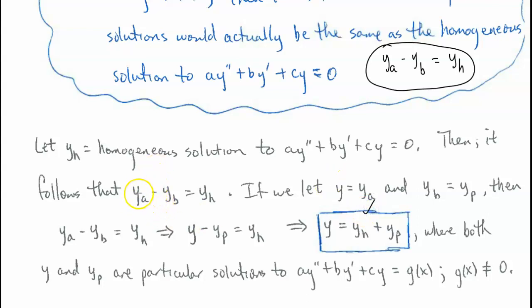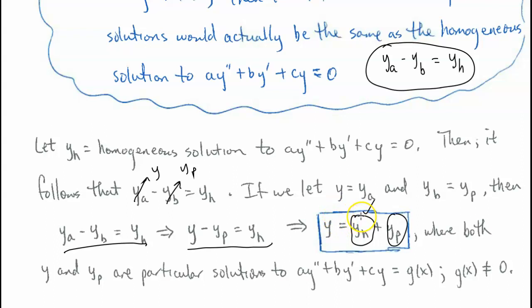If we let y sub a just be y, and y sub b be y sub p instead, p as in Paul, then if we relabel everything, we have y minus y sub p equals y sub h. And this y sub h is acting as the homogeneous solution, and this y sub p is acting as one of the two particular solutions that we would need to have to be able to solve this equation type.